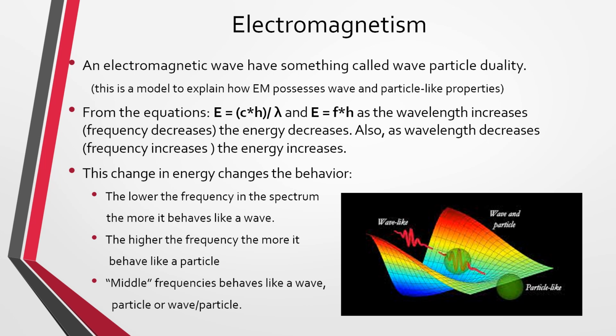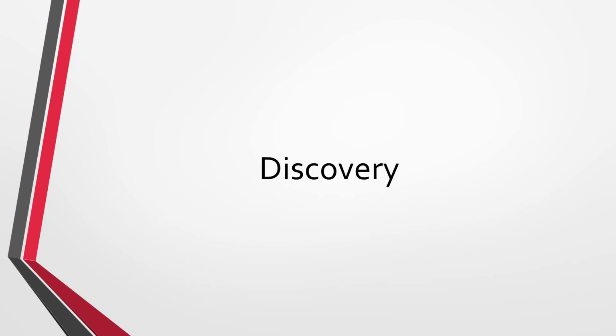We'll move on and talk about the discovery of X-rays. Just a side note, in other texts, the term light or radiation is used to describe the entirety of the electromagnetic spectrum. From this point forward, for my purpose, the term radiation will only be used referring to X-rays and gamma rays or other forms of harmful electromagnetism or particles.